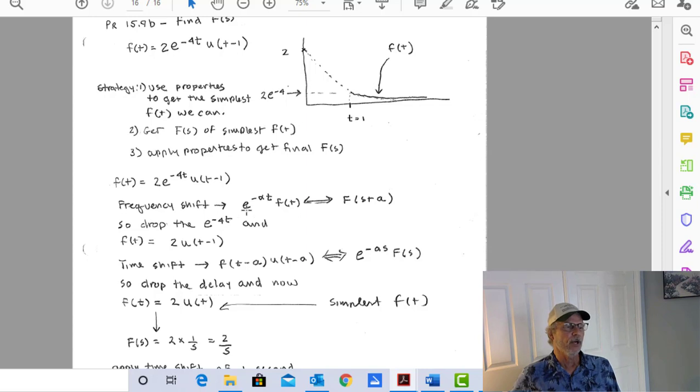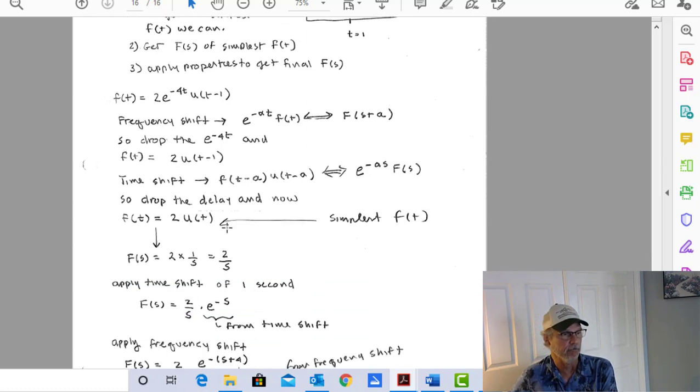So we're going to take this property, and that will allow us to drop the e to the minus 4t, and my f of t becomes just 2 times u of t minus 1, because I know how to handle this e to the minus 4t in the Laplace domain. So I'm simplifying. My function is now 2 u of t minus 1. Here I'm going to use the time shift property.